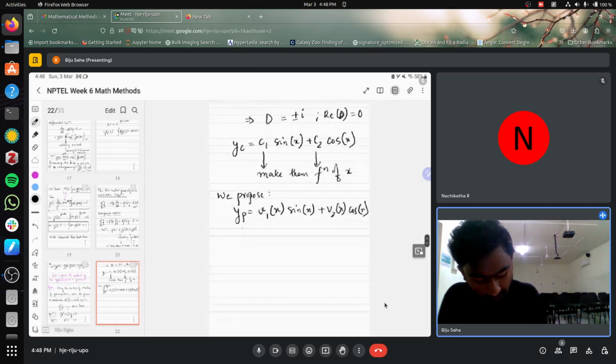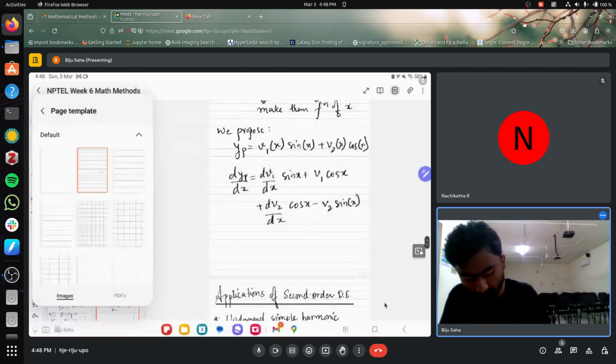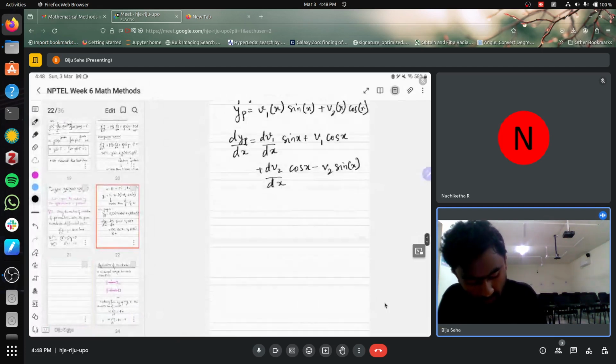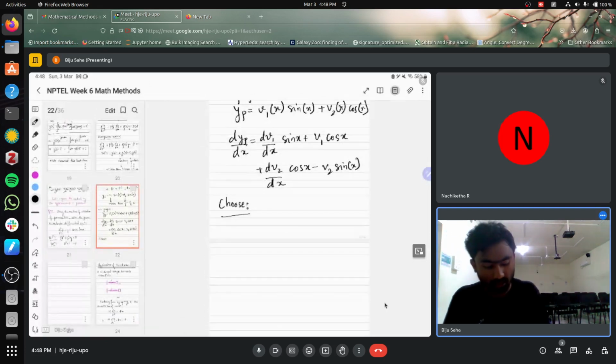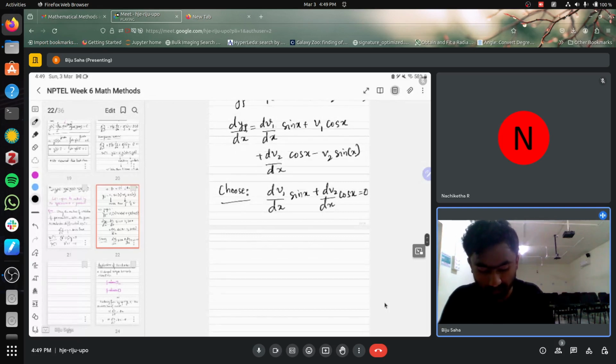So let me find out the first order derivative of this. Now the way to go about is to choose my v1 and v2 such that these two terms vanish. So d/dx of v1 into sin x plus d/dx of v2 into cos x equal to 0.